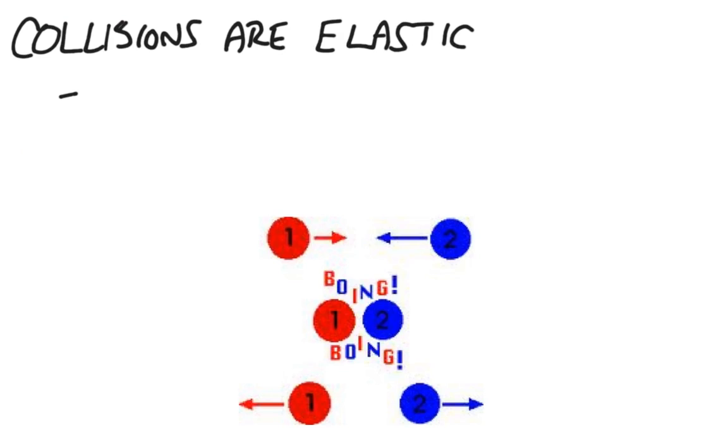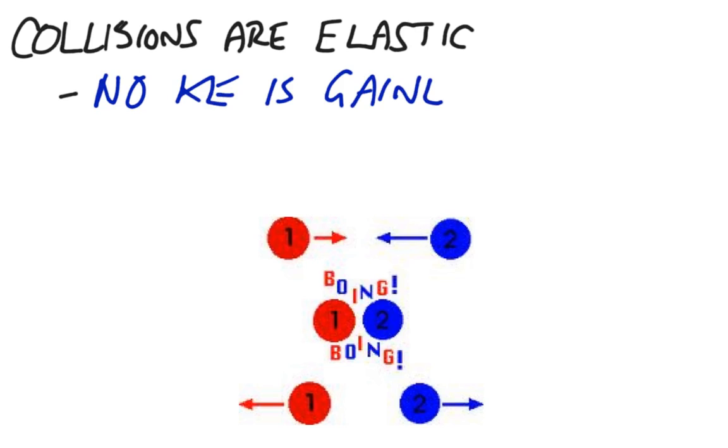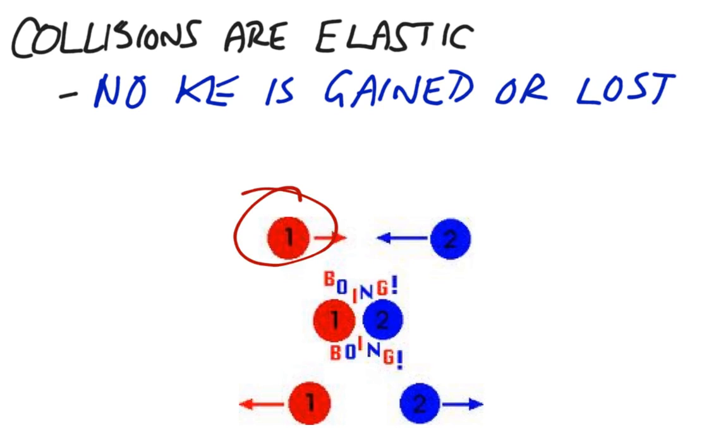All collisions are also considered to be elastic. Now what this means is that no kinetic energy, no energy of motion, is gained or lost. It would be kind of like if two people were lined up right across from each other, this guy here and this guy here, and they ran at each other as quickly as they possibly could, and they collided.